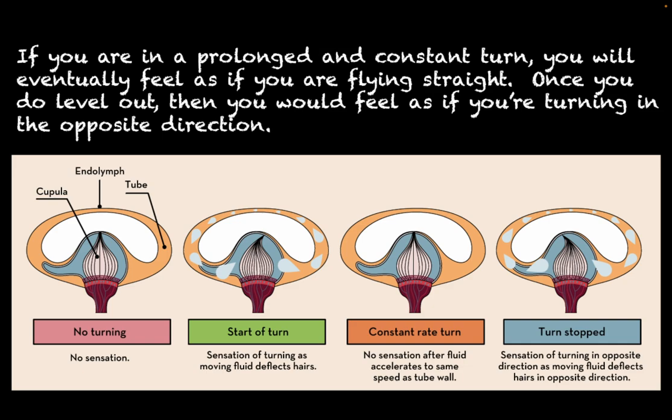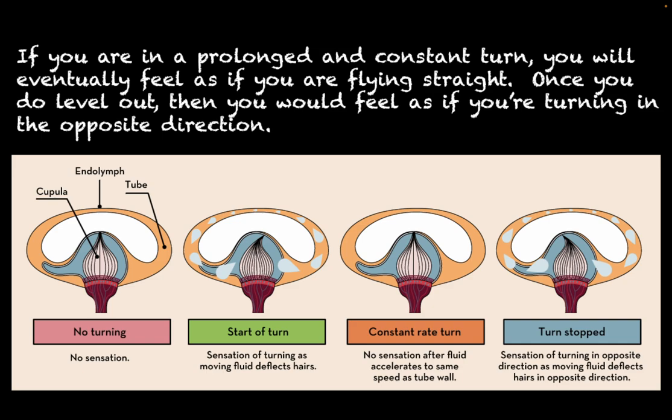Well, the problem here is that when you turn back, that is an acceleration that you're going to feel, and the fluid is going to move in the opposite direction through your semicircular canals, and you're going to deflect the cupula and the hair cells in the opposite direction. So even though you've readjusted to get back to level flight, now you're feeling like you're banking to the left, even though you really aren't.